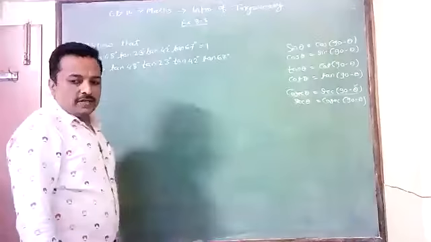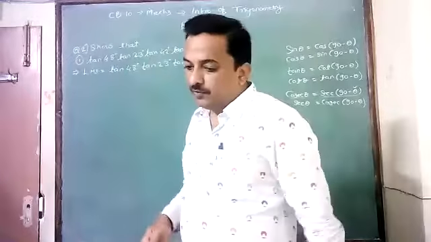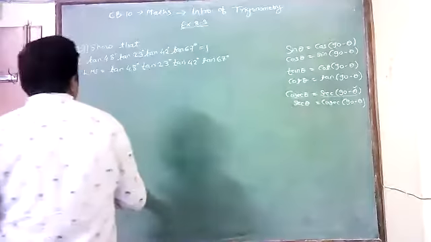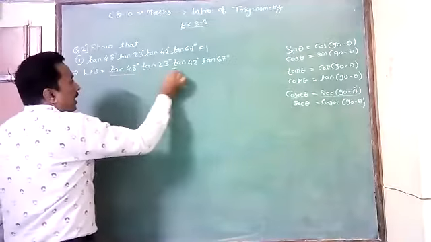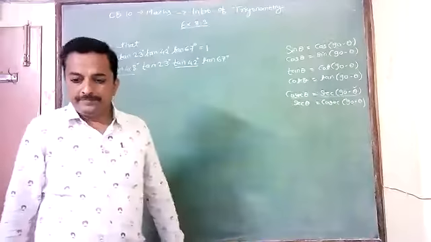So students, first we have to check which angles are complementary. So 48 and 42, these are complementary. 48 plus 42 become 90.